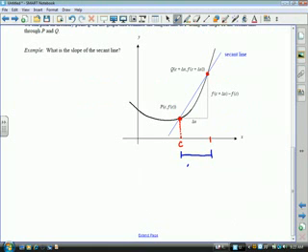Delta x. What does delta x mean? Change in x. That's that little distance there, isn't it? And so if I go over delta x, I'm now at c plus delta x. Hence, that's where this point came from. It is c plus delta x, f of c plus delta x.